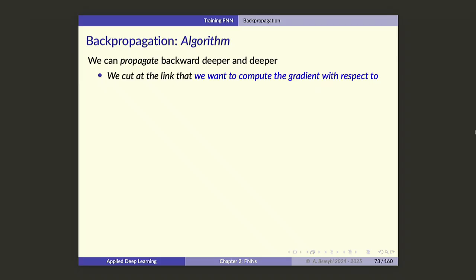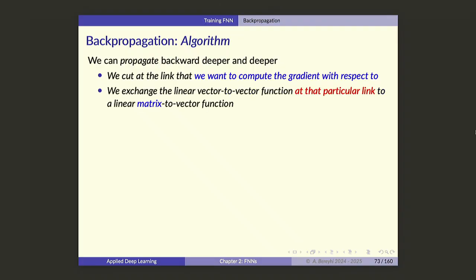I can cut from there, and move backward from the very end towards that particular place. And then I always do these local gradients, multiply them, till I get to the gradient that I want. So this is the idea. You can always cut your network exactly where your variable is.